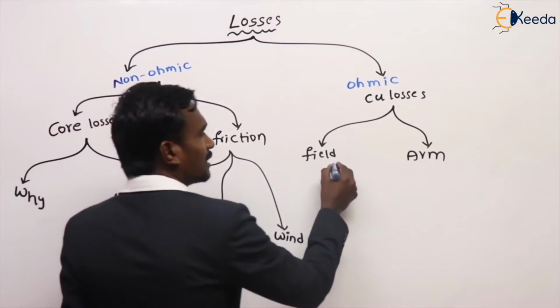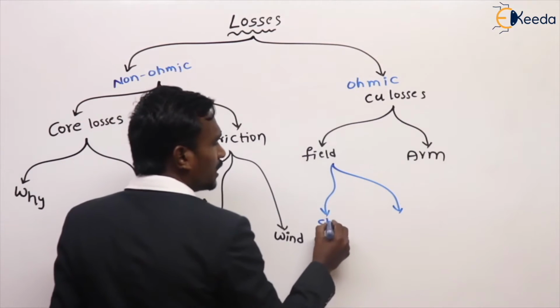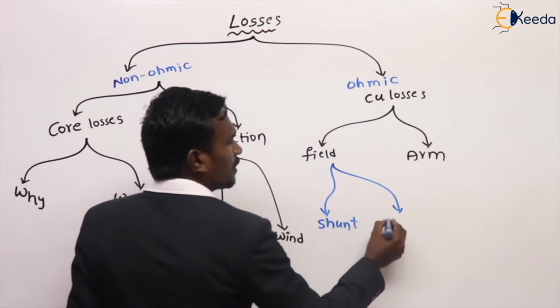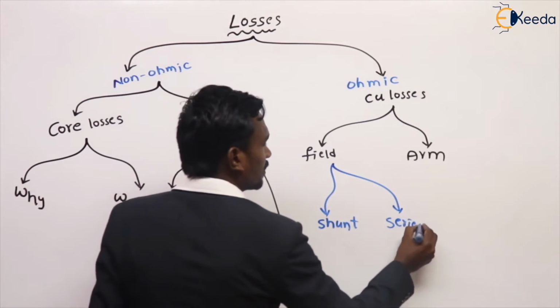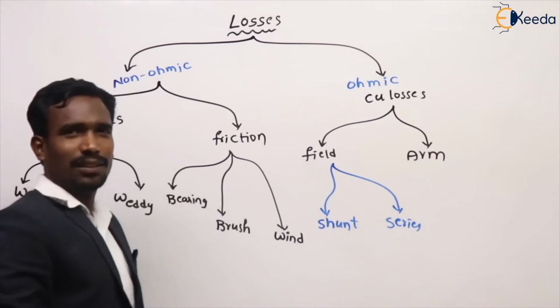Field winding losses are two types: shunt field winding losses and series field winding losses, and armature winding losses is only armature winding losses.